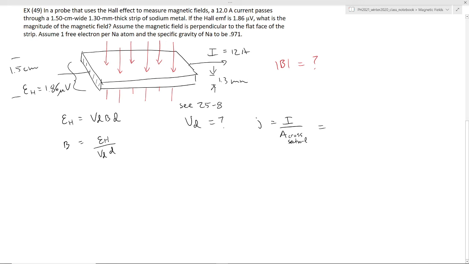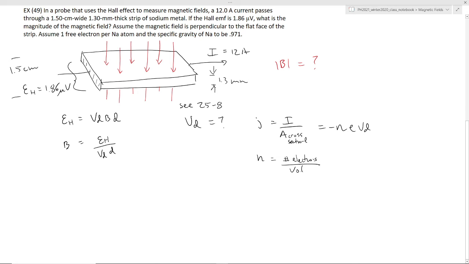And this is related to the number density, the charge of the electron, and the drift velocity. So we could come up with the current density. We know the charge of the electron; the missing ingredient is the number density. So how many charges per volume? The number of electrons per volume.